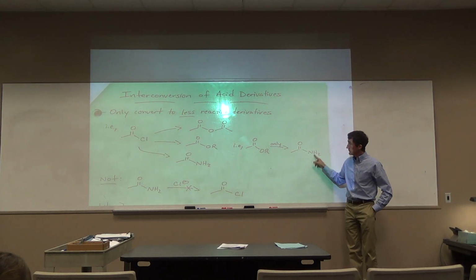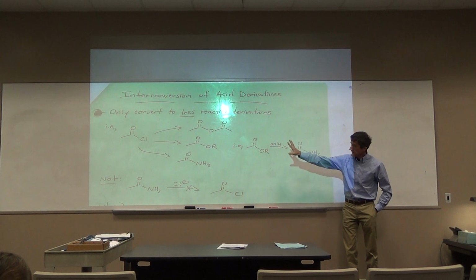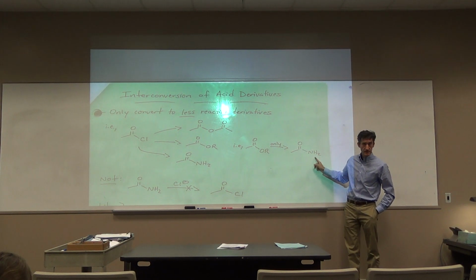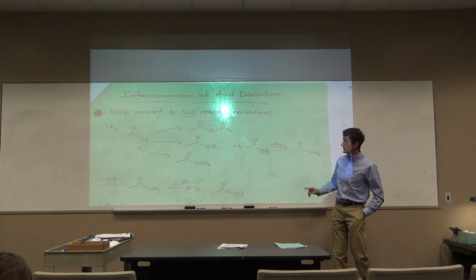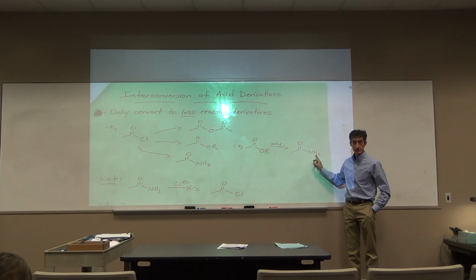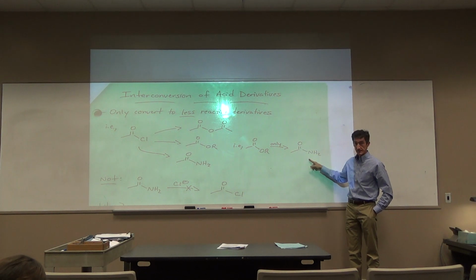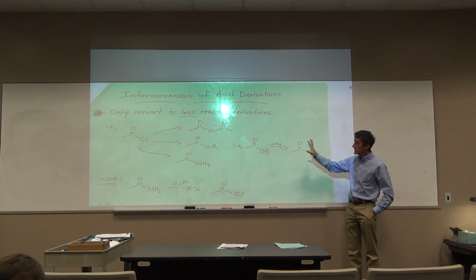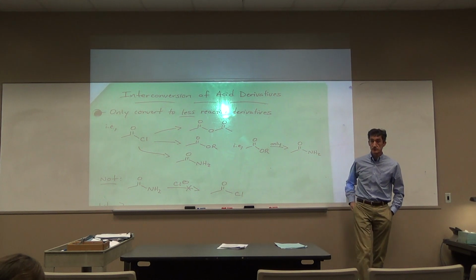What about an amide? Which of these can you convert an amide to directly? None of them, because you can only convert to a less reactive derivative, and there's no derivative less reactive than an amide. I'm not including nitriles. I'm only looking at those with carbonyls.